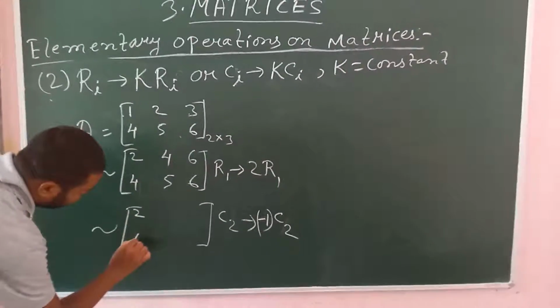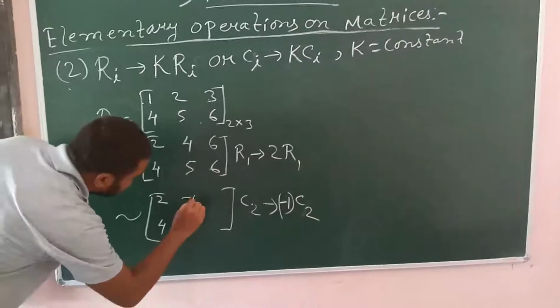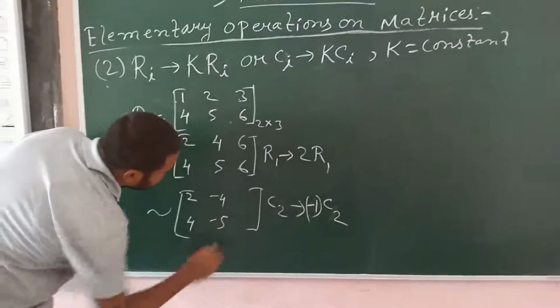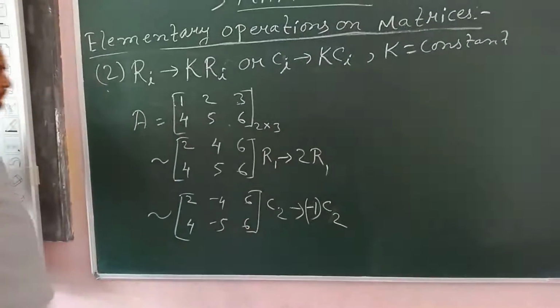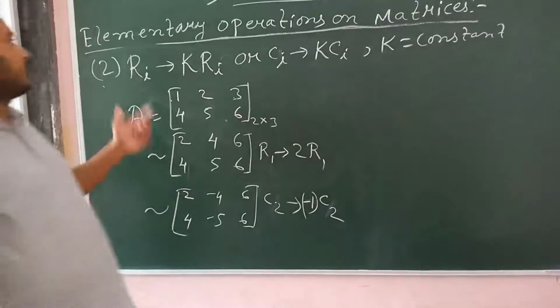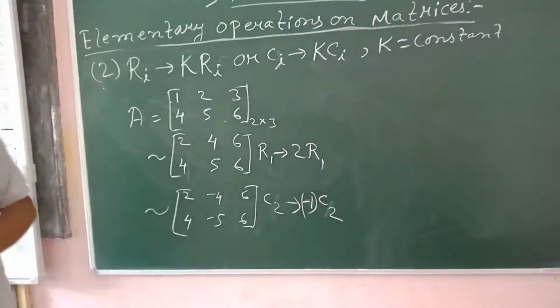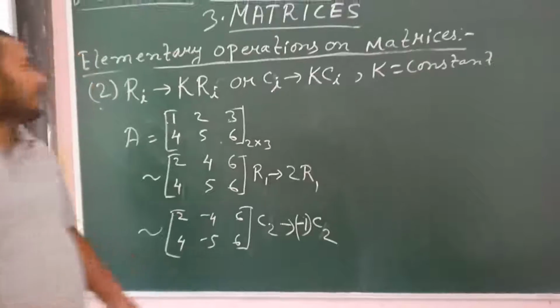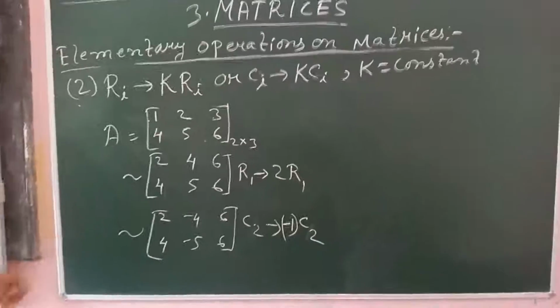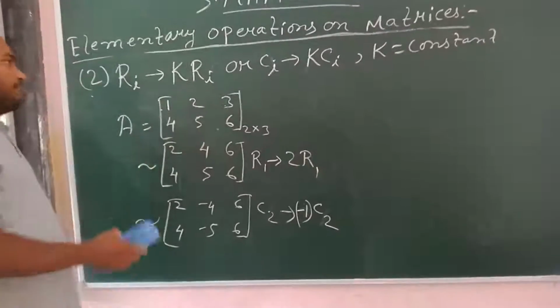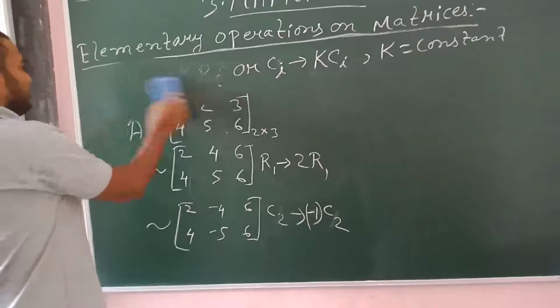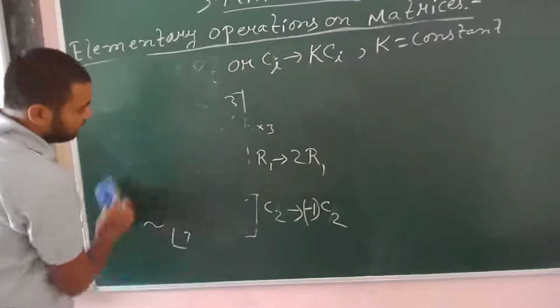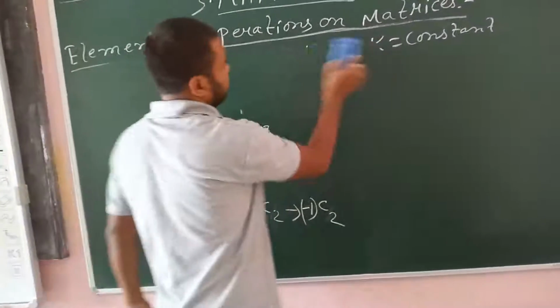So 2, then 4 becomes minus 4, 5 becomes minus 5, and 6 stays 6. So this is the second operation on matrices. Please note it down, it is very important: any row or any column can be multiplied by some constant.